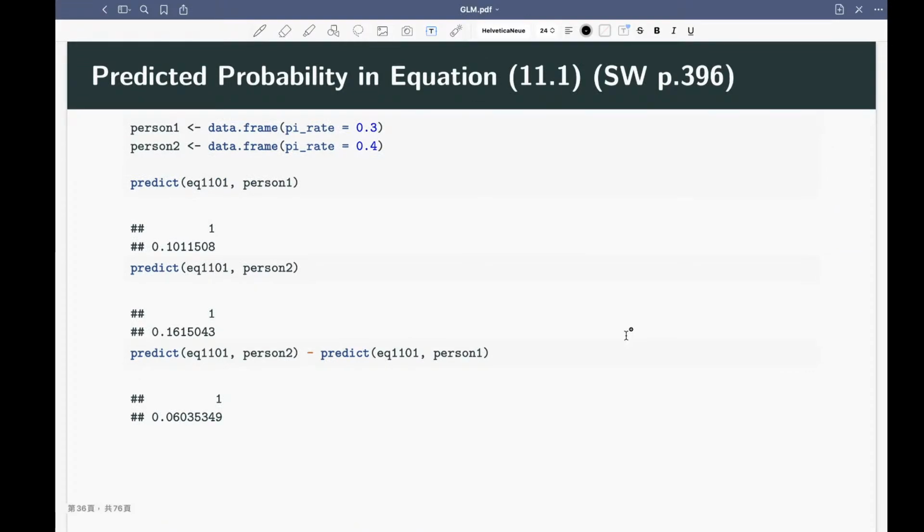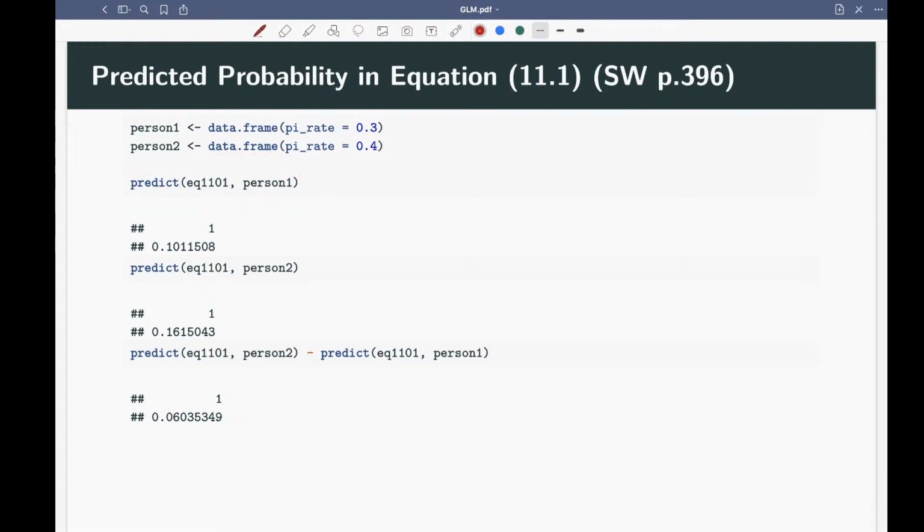How about the predicted probability? Okay, so in R, in the textbook, we focus on these two PI ratios. At first is 0.3 and next is 0.4. We can calculate by R predict function.